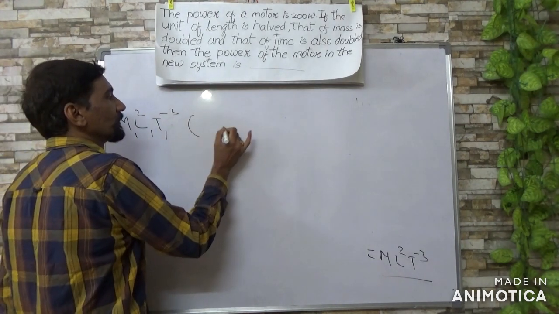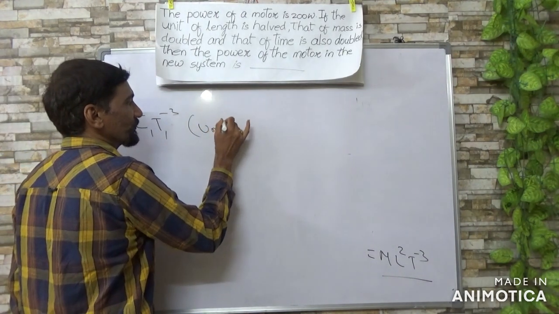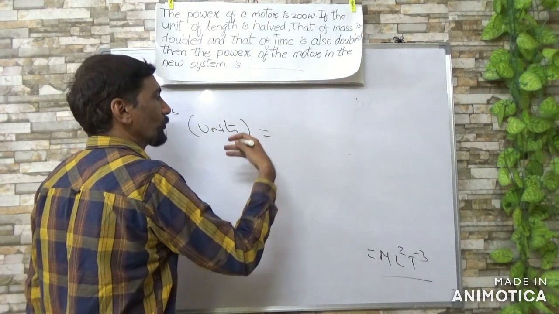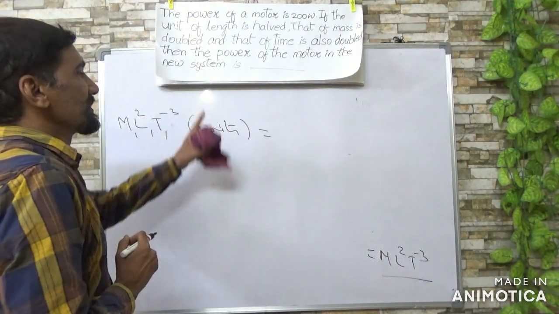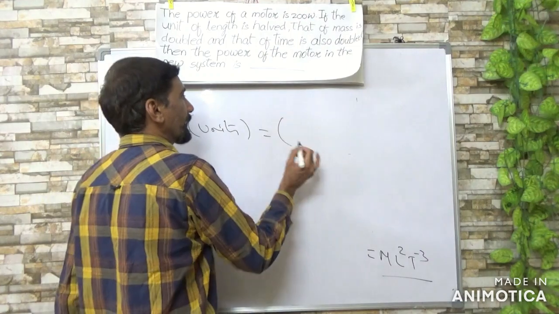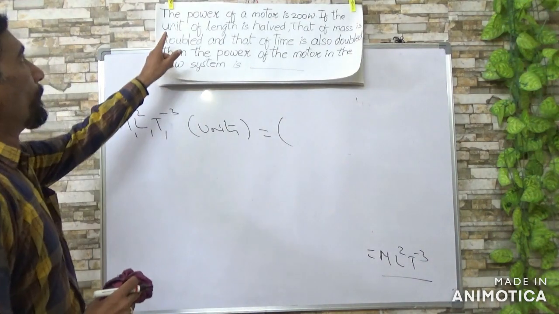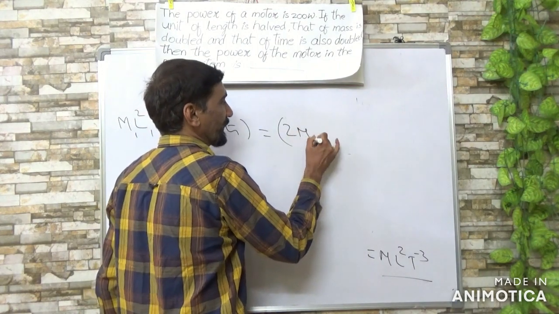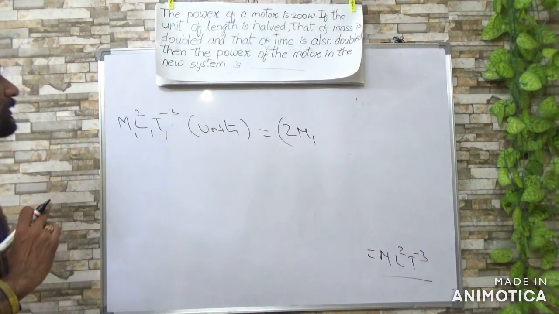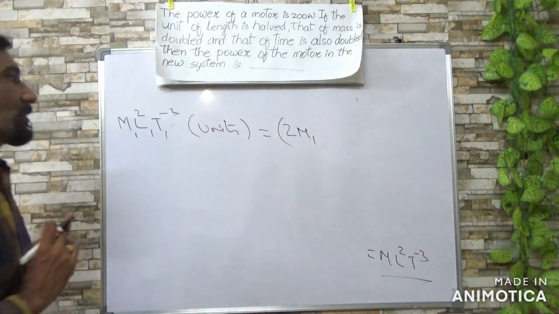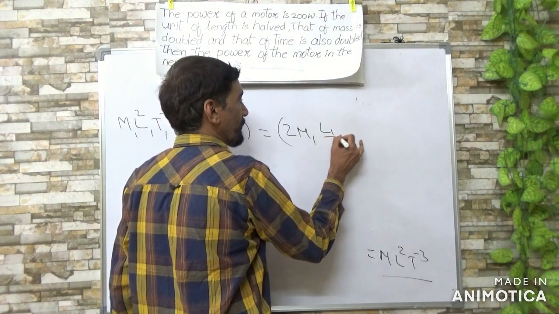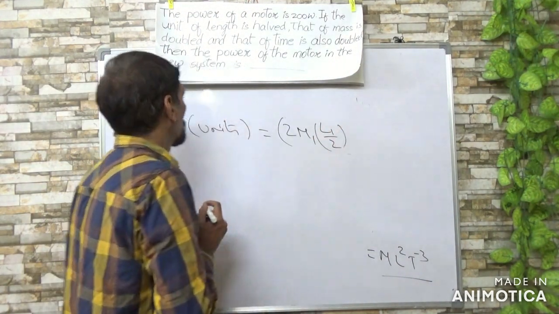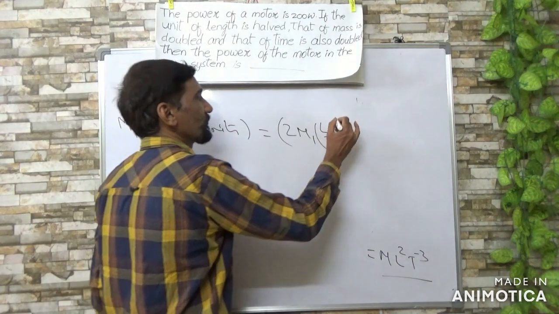Now the unit in the other system, for the same quantity. They said mass is doubled, so instead of M1 we write 2M1. Length is halved, that means L1 by 2, whole square.